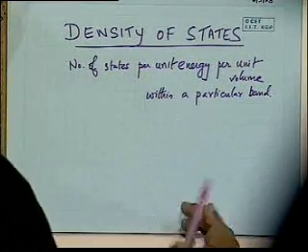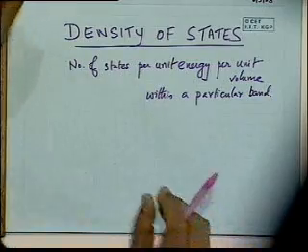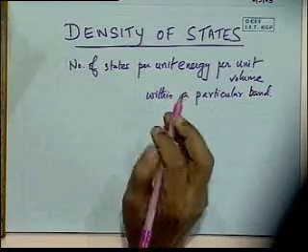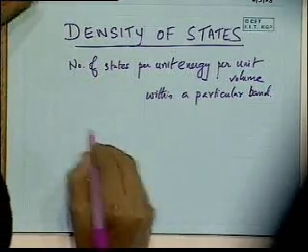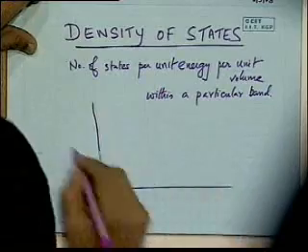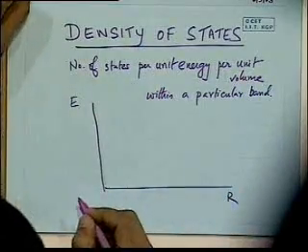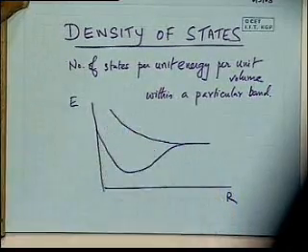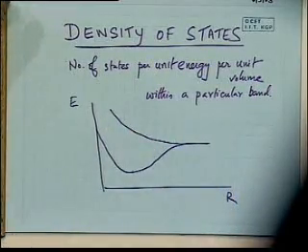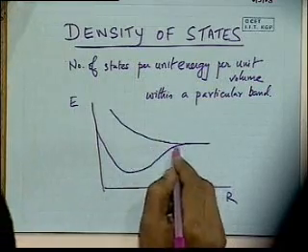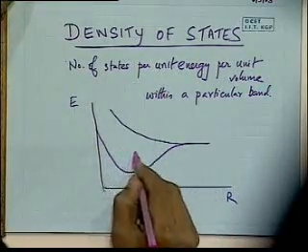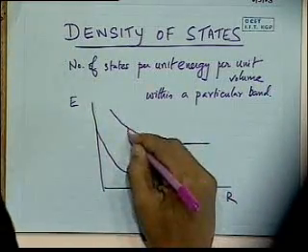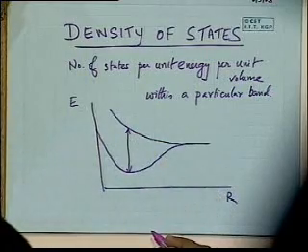Well, we can do that in different ways, but we can use some simple concepts to come up with the distribution intuitively and then try to pin things down a little more mathematically. Now, if you recollect, when we look at the energy versus separation diagram, it looked something like this. Up to a point, as we bring things closer and closer from infinity, the split between the levels increases.